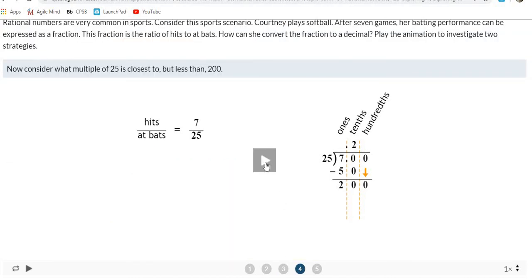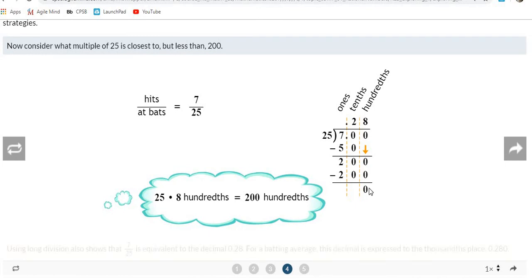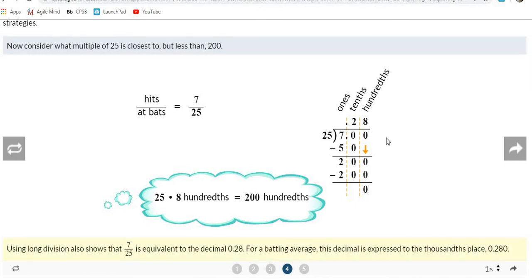So they're thinking 25 into 200 is going to go 8 times. 8 times 25 is exactly 200. Nothing is left over. So the decimal form is 0.28, which is the same answer we got using the fractional form. But if I like this method better, it works out.